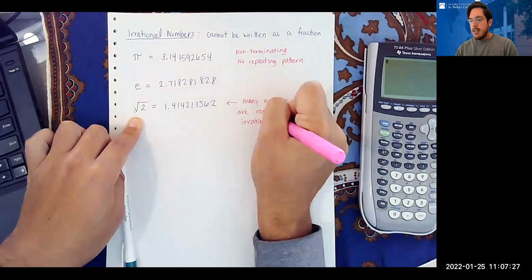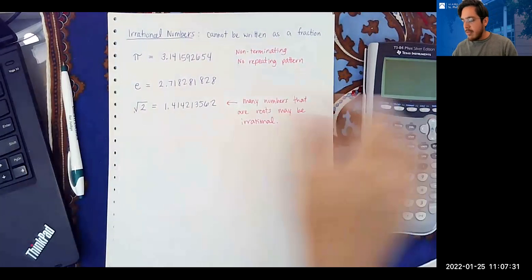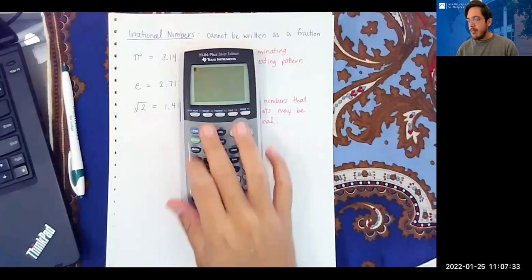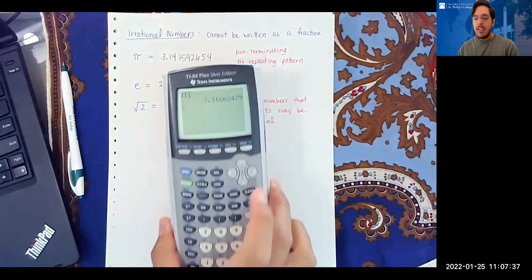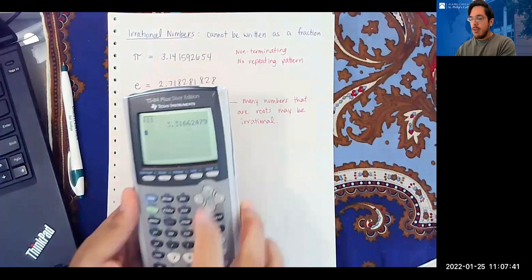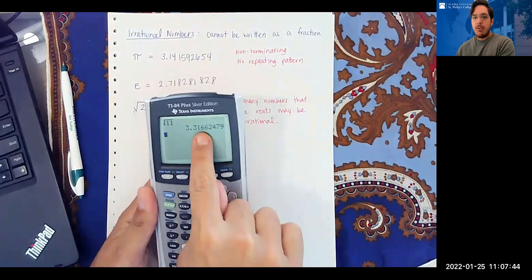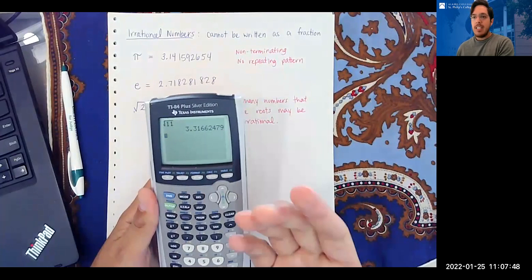Okay. So for instance, I know that the square root of 11, if I put that in, will give me this really ugly looking long decimal value. And if I look at the decimal values, 3, 1, 6, 6, 2, 4, 7, 9, they don't seem to have a repeating pattern. So I think I'm safe to say that that is irrational.